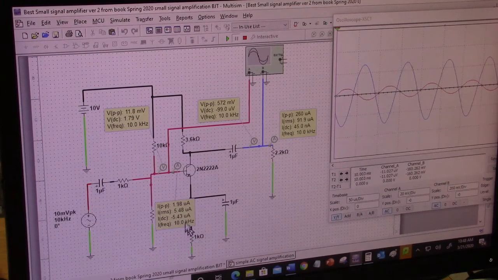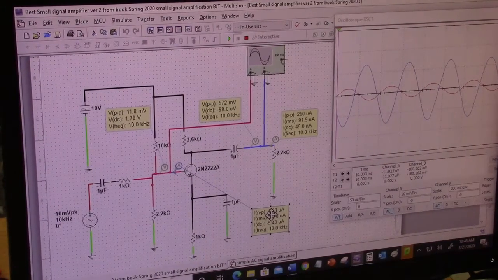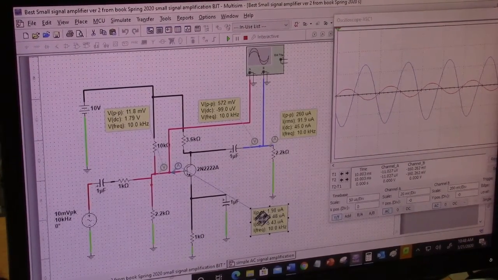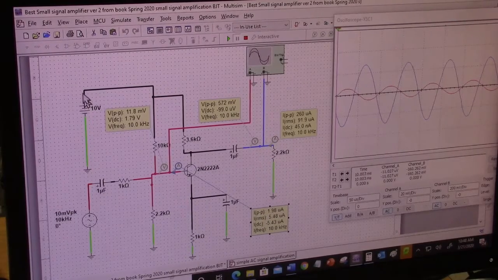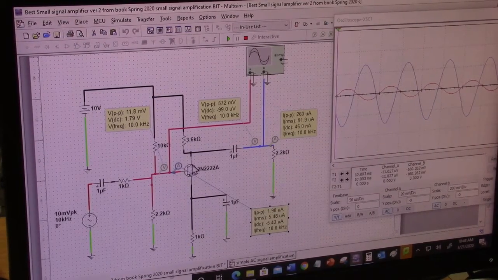Where is the power source? Oh, here, this power source here, this 10 volts, that forward biases this transistor also. So there are two forward biasing sources for this transistor.